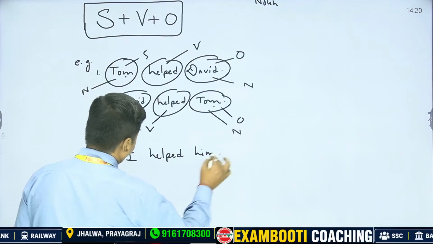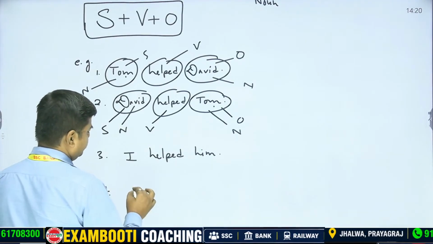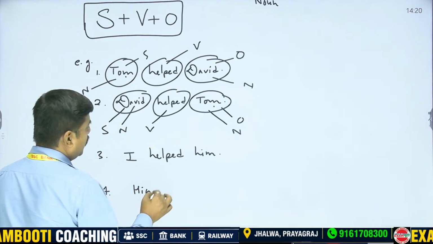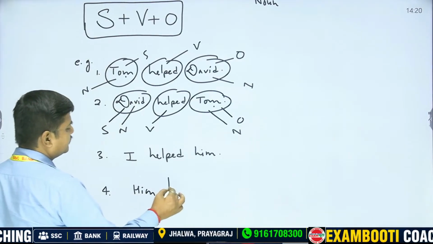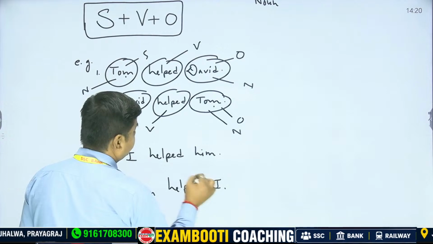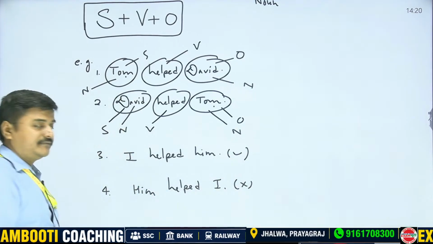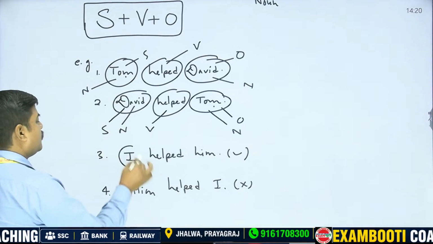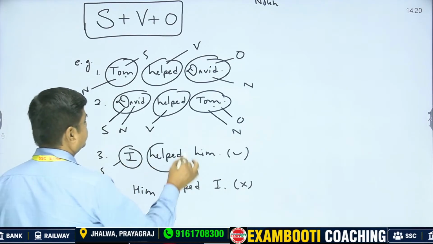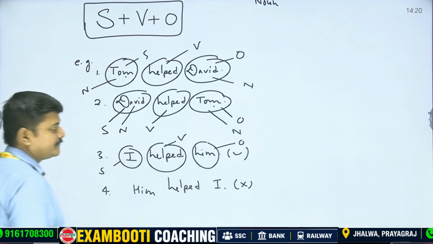Suppose that I write, I helped him. Now you cannot write it here and you cannot write it here. If you do, the sentence will be incorrect. Because this place belongs to subject and this place belongs to an object.